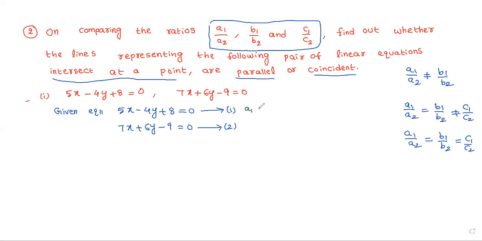Here a1 equal to 5, b1 equal to minus 4 and c1 equal to 8. Next a2, the x coefficient, is 7, b2, the y coefficient, is 6, c2 is the constant. So comparing ratios.